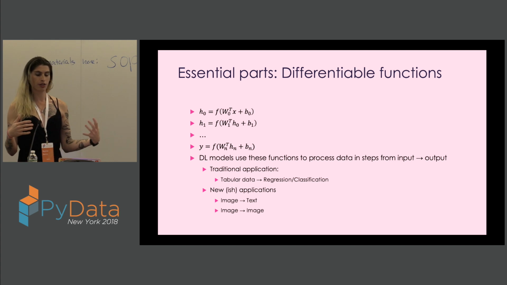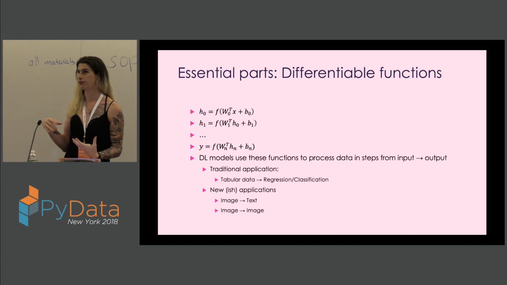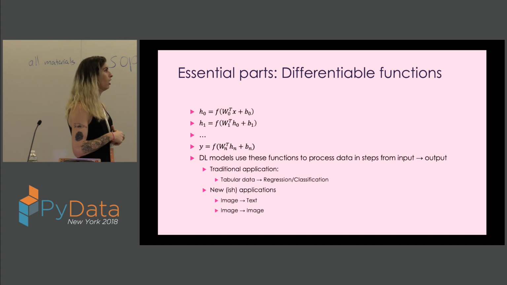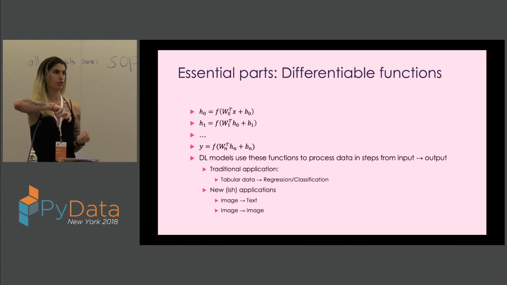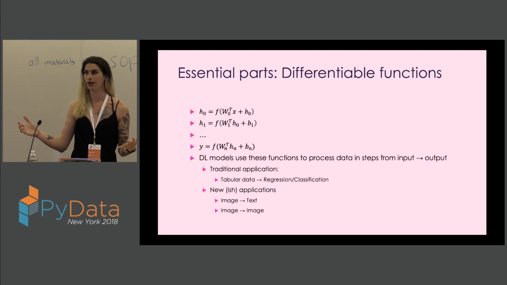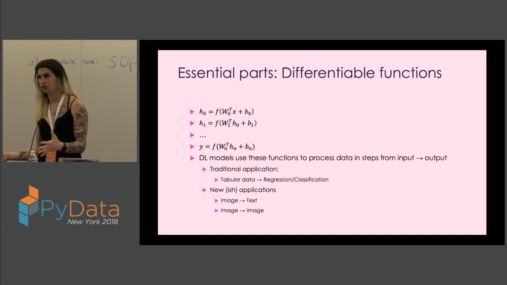The important thing to understand about deep learning and the way it works, and especially important for the tutorial coming up, is that all this is a chain of differentiable functions. We don't really care what f is; eventually the details matter, but in general when we're starting out, f can be anything as long as it's differentiable.